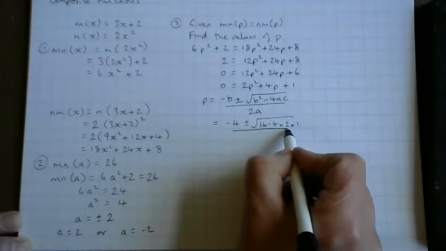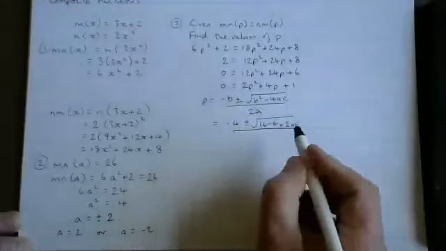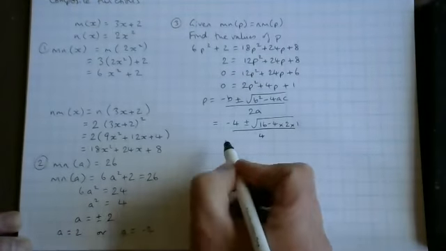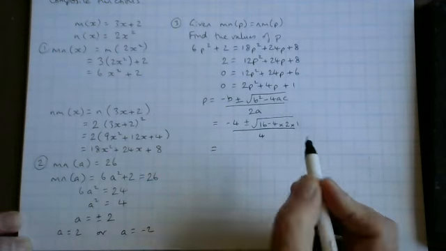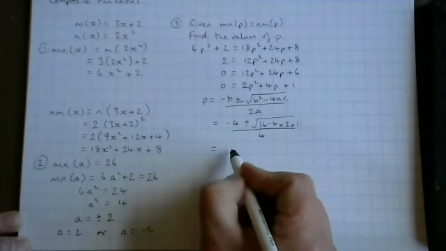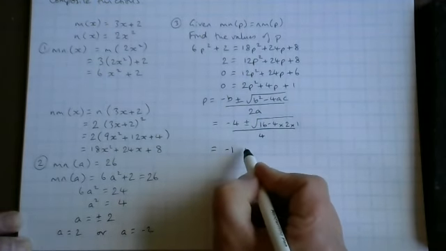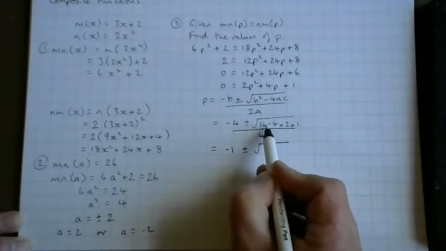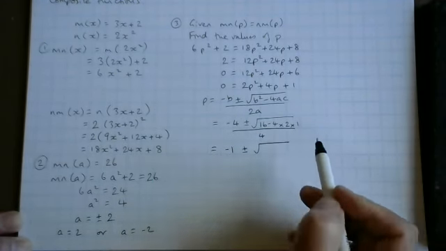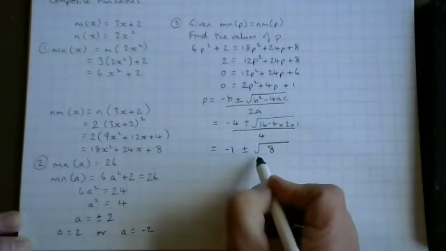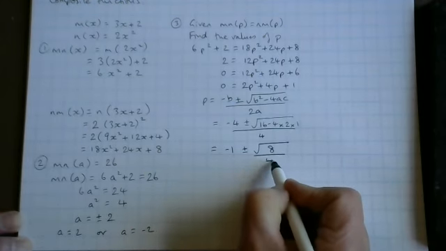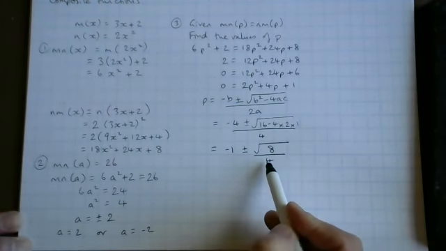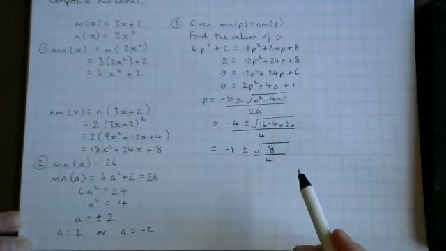Divided by 2 times a, 2 times 2 is 4. Equals, well, minus 4 over 4 is minus 1, so let's separate them, plus or minus square root of 16 minus 8, that's 8, over 4. Make it clear that the 4 here is not inside the square root.